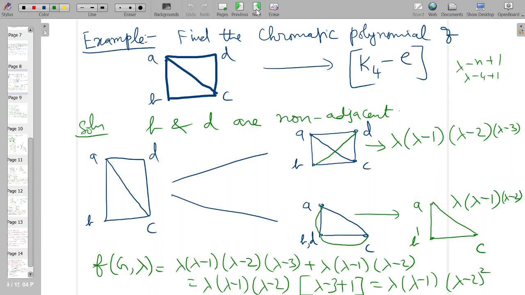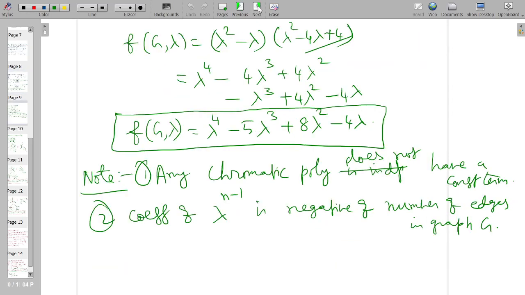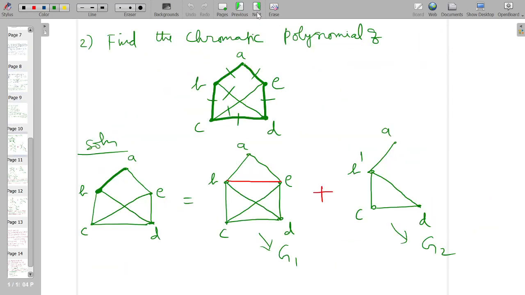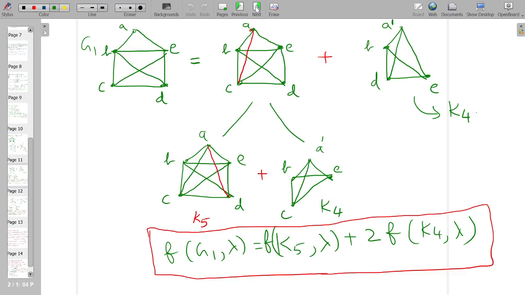You have to use it so that you get the required chromatic polynomial, and you have to use this as an iteration process, till you know the chromatic polynomial of certain standard graphs.